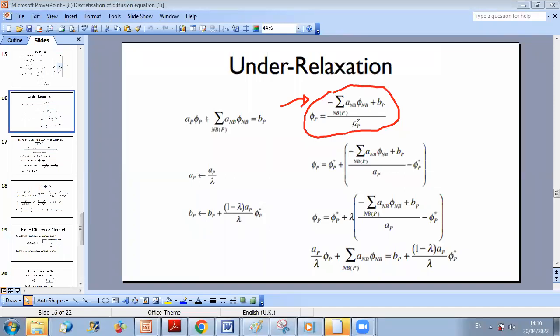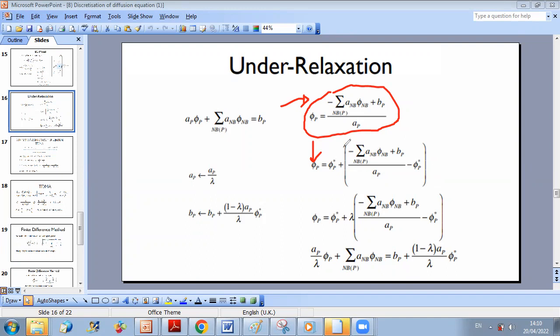However, since I want to under relax, I will not take the full new value. Instead, the new value can be written as the old value plus the difference between new and old.